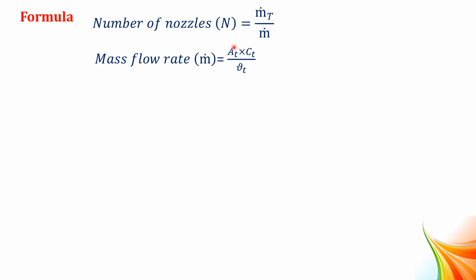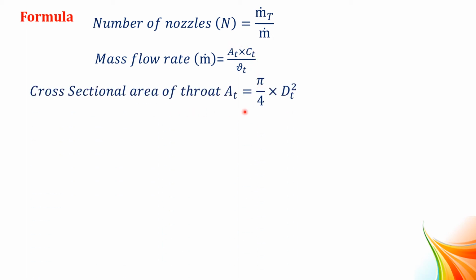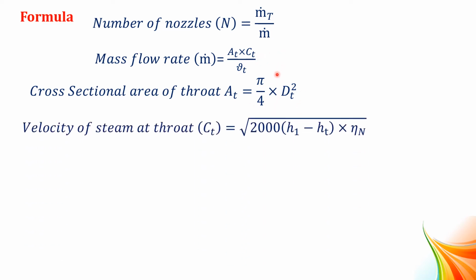At is the area of throat, which is calculated by using this equation At equal to pi by 4 into dt square. Then Ct is the velocity of steam at throat equal to square root of 2000 into (h1 minus ht) into eta nozzle. Then Vt is the specific volume of steam at throat section. This can be found out using the Mollier diagram.